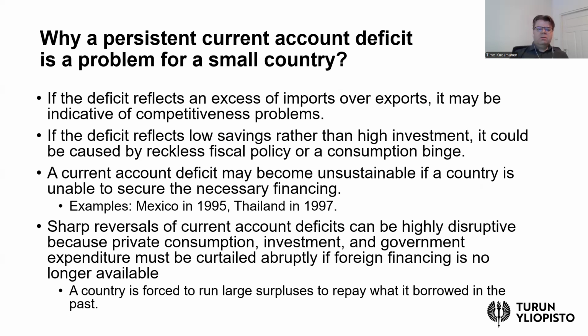If it reflects excessive imports over exports, it could be an indication of some competitiveness problems. If Finland had a current account deficit, then perhaps Finnish goods are not competitive enough in the world market.